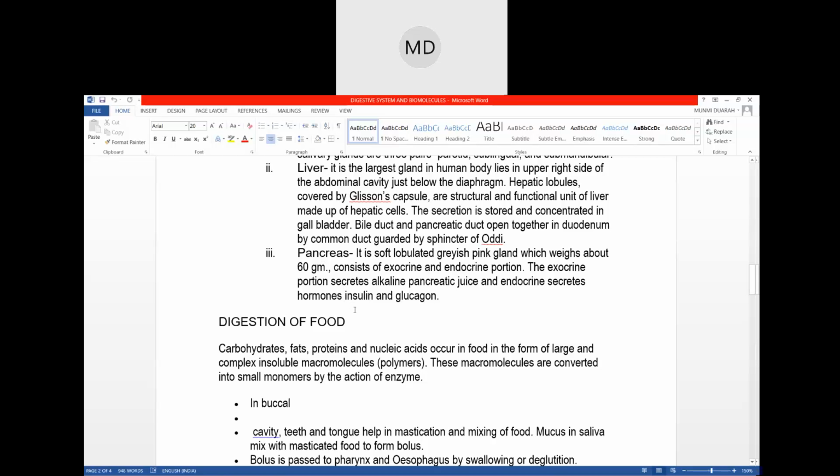In all people, but they play a very important role in diabetic people. So those hormones are released by the pancreas, and then there is pancreatic juice. This pancreatic juice plays a very important role in digestion.